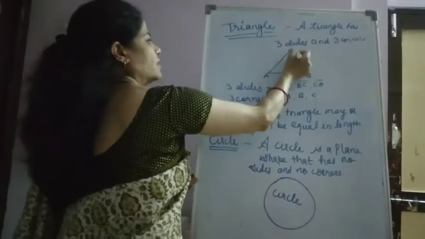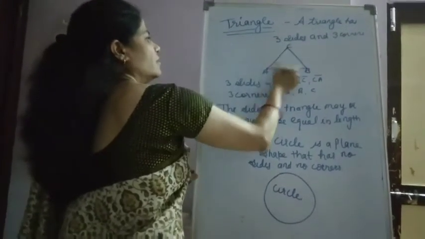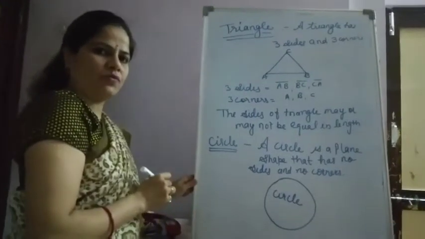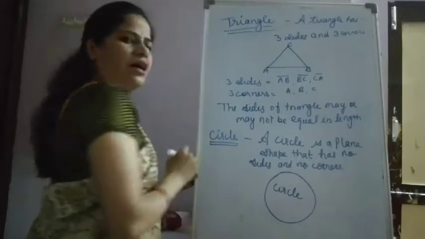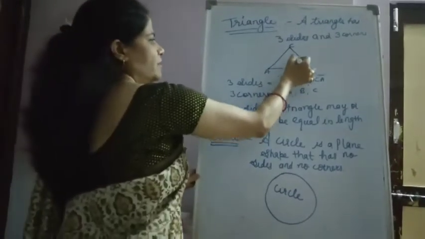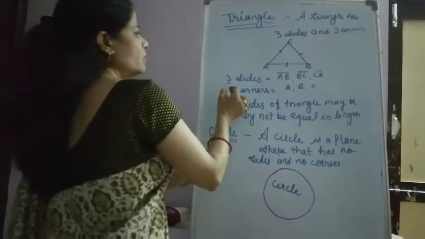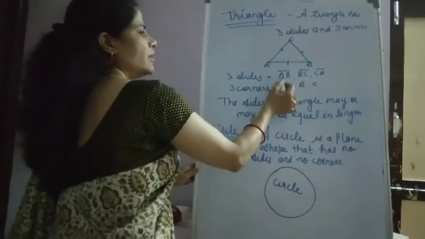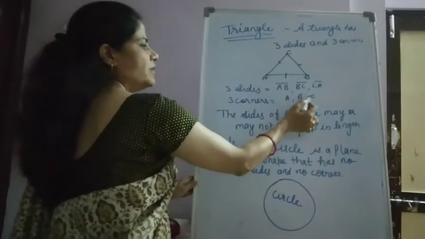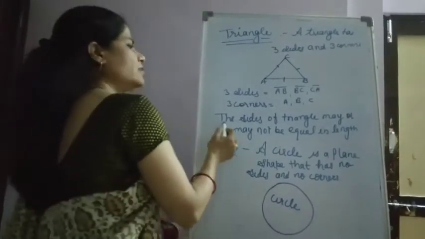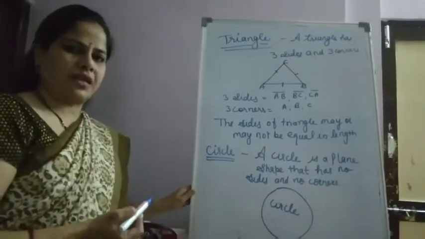In the figure you can see that A, B and C are the 3 corners of a triangle and AB, BC, CA are the 3 sides. So the 3 sides of the triangle are AB, BC and CA and the 3 corners are A, B and C. And the sides of a triangle may or may not be equal in length.